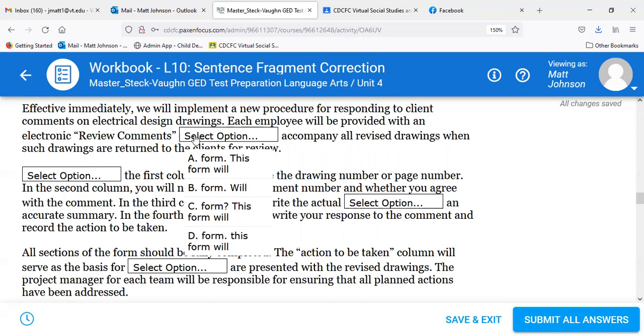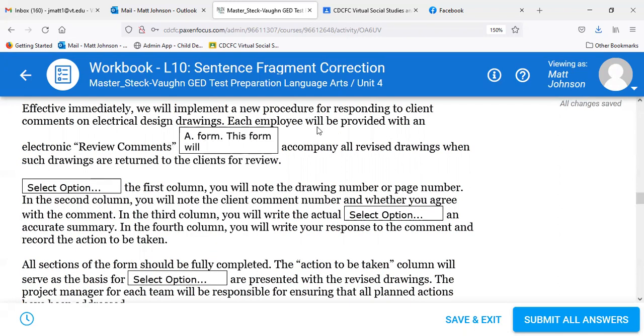The answer is A. Yeah, A. So each employee will be provided with a form, electronic review comments form. This form will accompany all revised drawings when such drawings are returned to the clients for review.